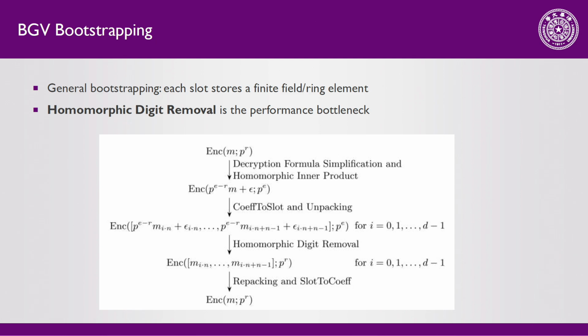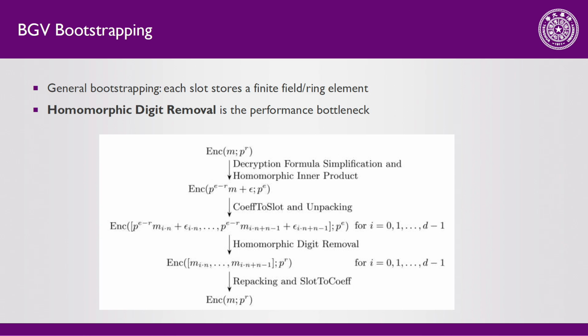So first we use decryption formula simplification to increase the plaintext modulus to P to the power e. And this step also introduces an error epsilon to the plaintext polynomial. In the next step, we use a linear transformation to move the noisy coefficients of the plaintext polynomial into the slots.